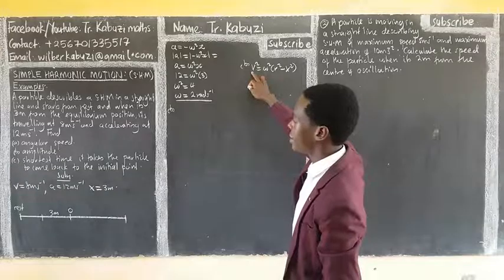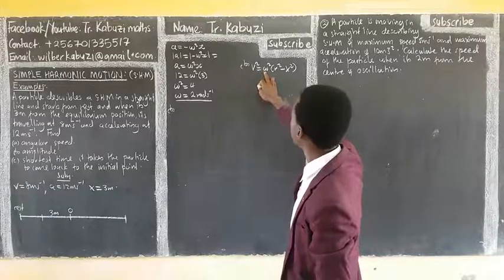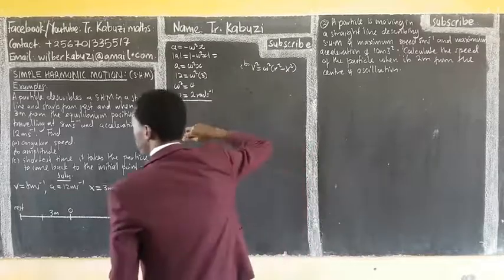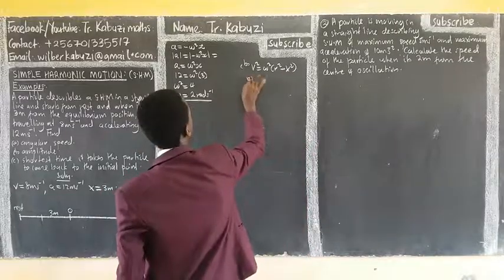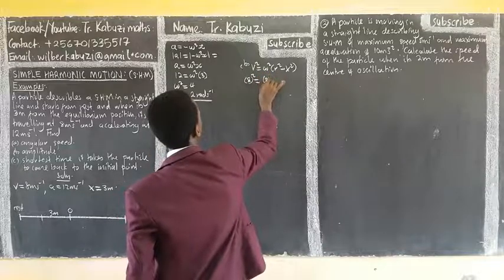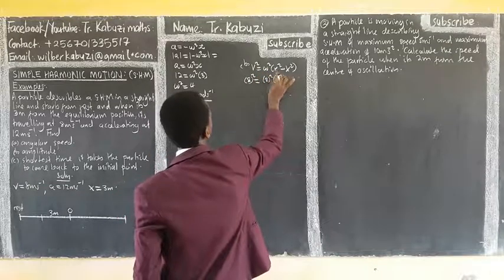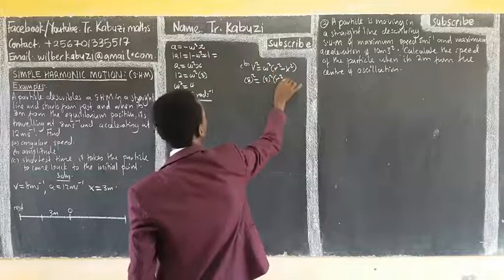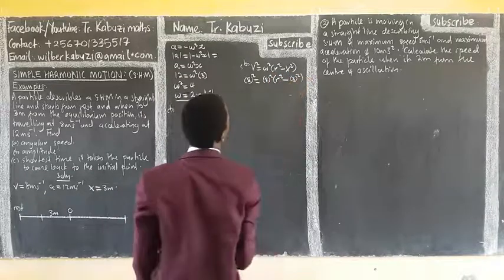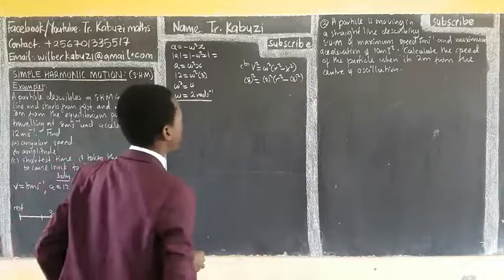They are giving us this, we have this, we want this, we have this. So if we put into our formula, this is going to be 8 squared equals 2 squared, this one we got as 2, into r squared, this is our amplitude, then minus x, which is going to be 3 squared.